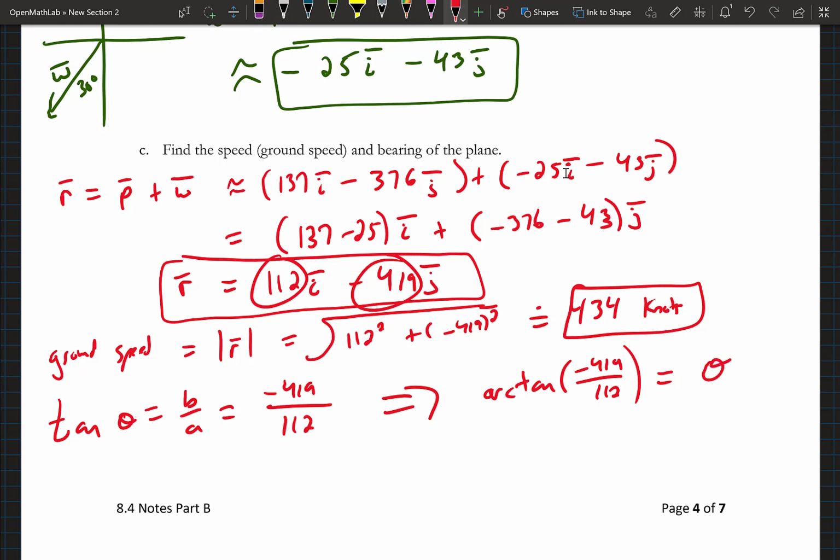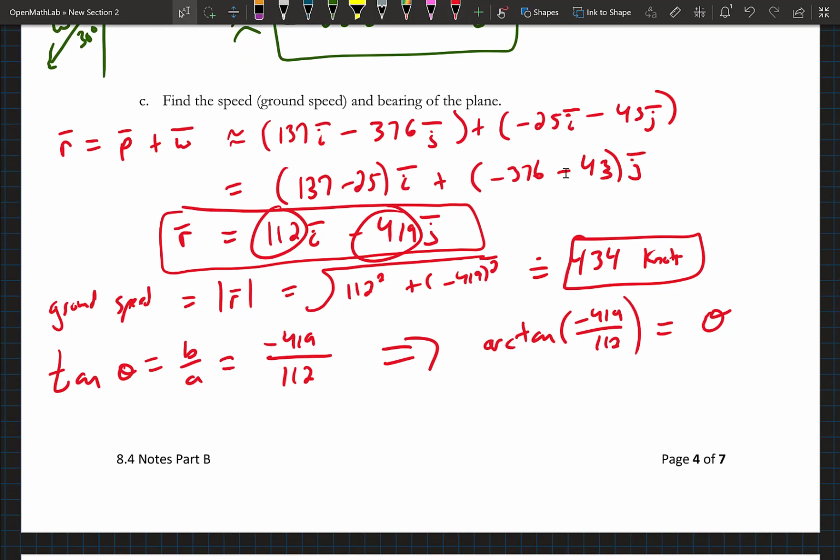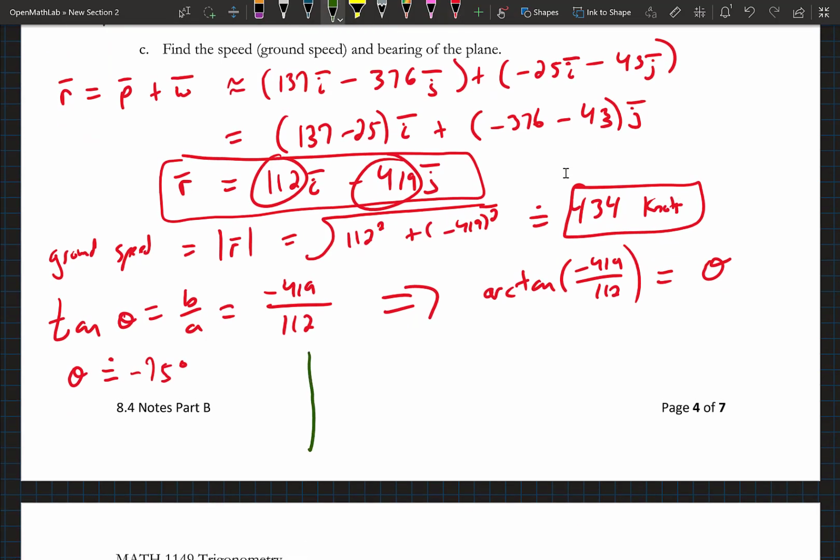that's going to equal theta. So plugging this in your calculator, you get theta is approximately, was it negative 75 degrees, right? So then, if we go negative 75 degrees, that means that there is 15 degrees on this side, right?